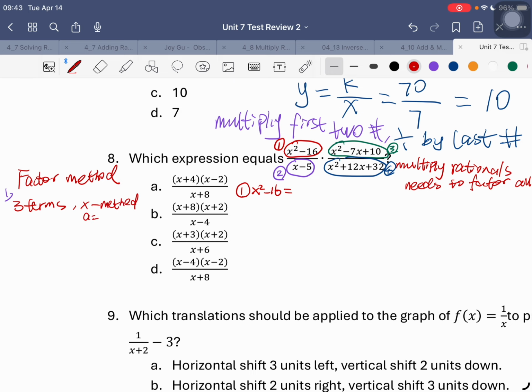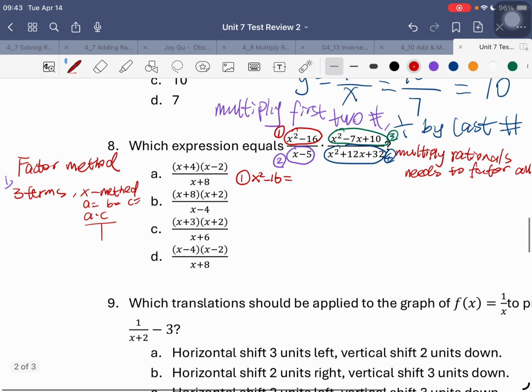We need to find a, b, and c, and then find AC and then factor out. And for the x method, there's something I have to tell you. If a times c is positive, both factors are positive or both are negative. If a times c is negative, 1 positive, 1 negative.